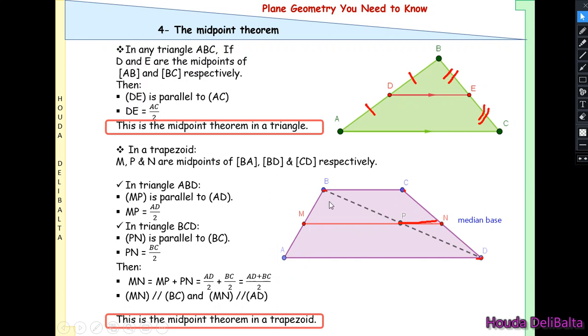So MN is parallel to BC and AD, and MN equals (BC plus AD) over 2, and this is the proof. That's the midpoint theorem in a triangle, and that's the midpoint theorem in a trapezoid. Let's continue with what we have more.